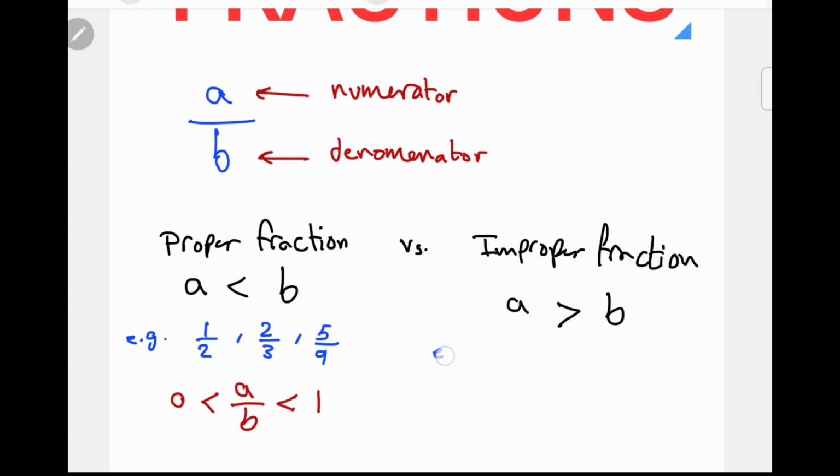For example, we have something like 7 over 2, 5 over 3, 10 over 7, and so on. In this case, one would notice that the value of the fraction a over b is greater than 1.